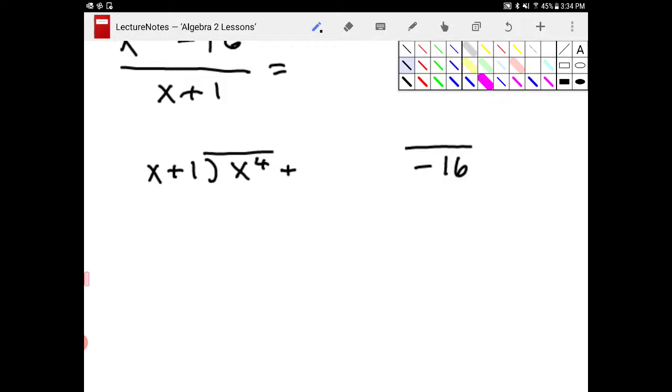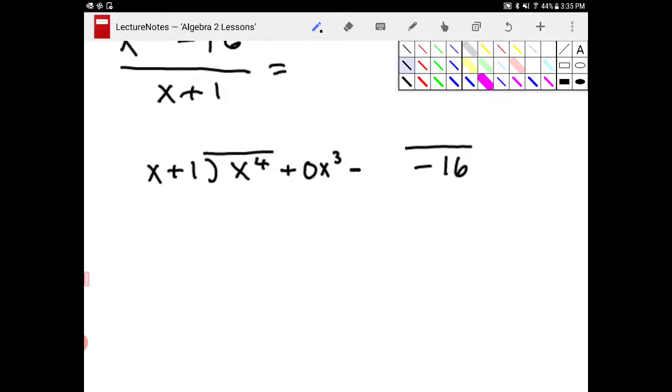So I have x to the fourth here. The next term that follows x to the fourth would be x to the third, right? But I can't just add x to the third. I'm actually adding 0x to the third, because 0 times anything is 0. Isn't that right? 0 times any real number. And x here does represent a number.